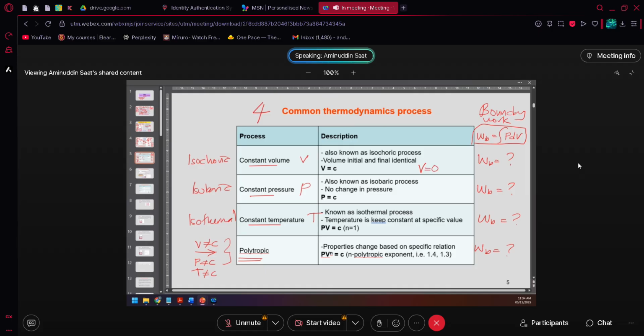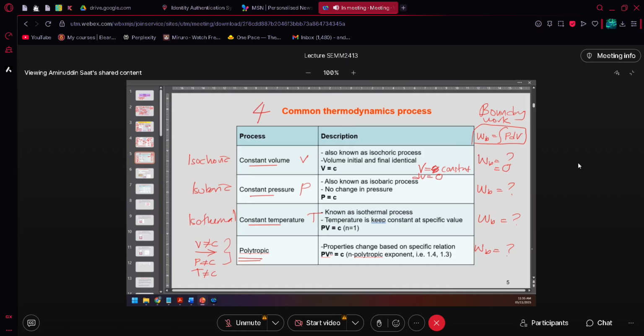V is constant, so dV will be zero. When V is constant, dV is zero. So if dV is zero, the boundary work for the constant volume becomes zero. That is the first equation for the boundary work under constant volume.